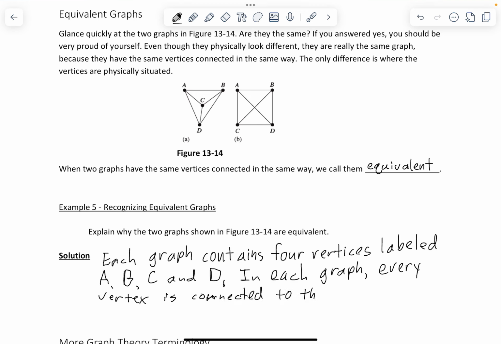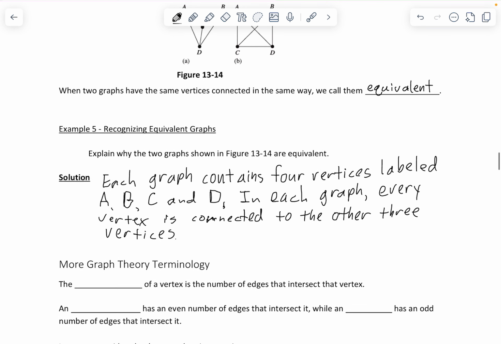Okay. So the graphs have the same vertices and the same connections, so that means they are equivalent.